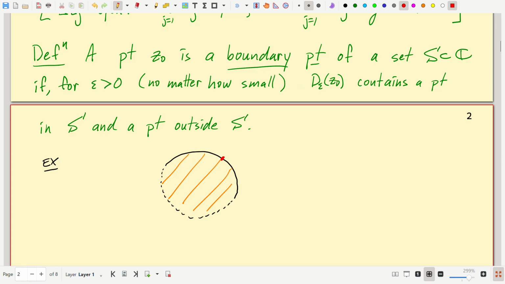If I put a dot here and put a little small circle around it, no matter how small, that circle has some points that are in S and some points that aren't. And in this case, S contains that black boundary point. But over here, S doesn't contain that boundary point, but it's still a boundary point. So those red dots are boundary points.